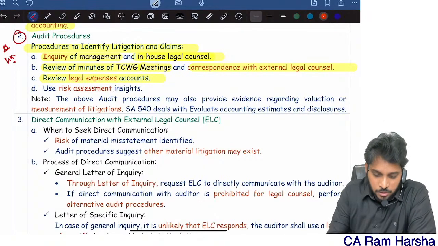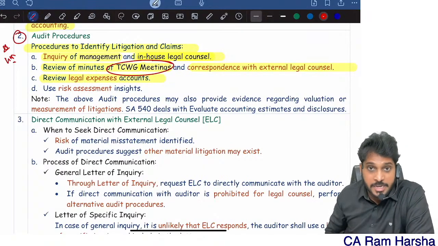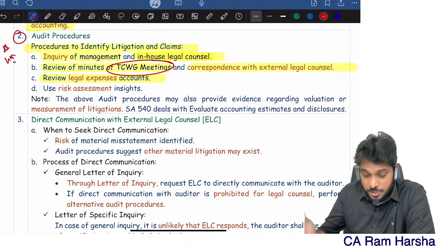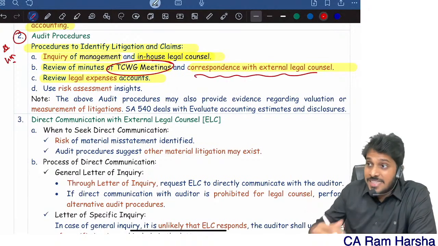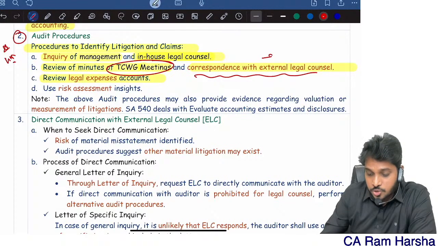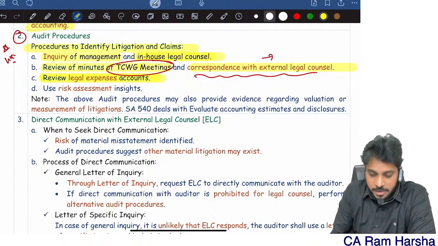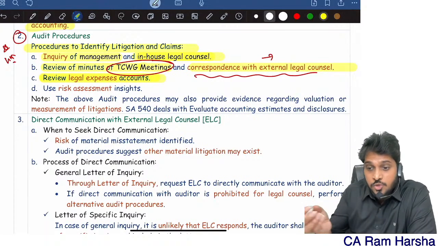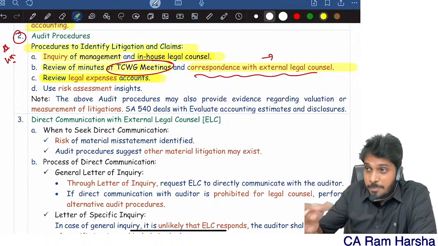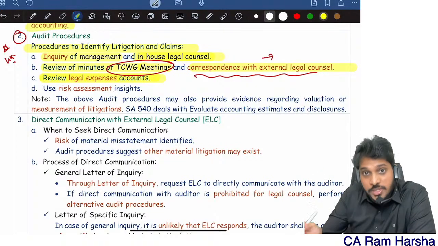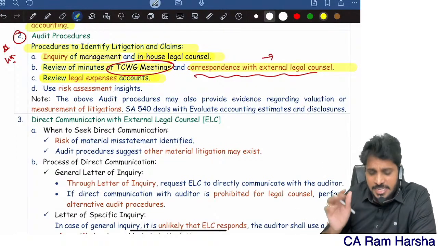Review the legal expenses account. Here you see the minutes of the top management meetings to identify whether there are any litigations which they covered. Look at correspondence with external lawyers. Through this correspondence, the auditor might discover other pending cases against the company. Review legal expenses account. Legal expenses means a ledger account will be there. Check for what purposes legal expenses were incurred. Through that, you may discover some pending cases against the company.